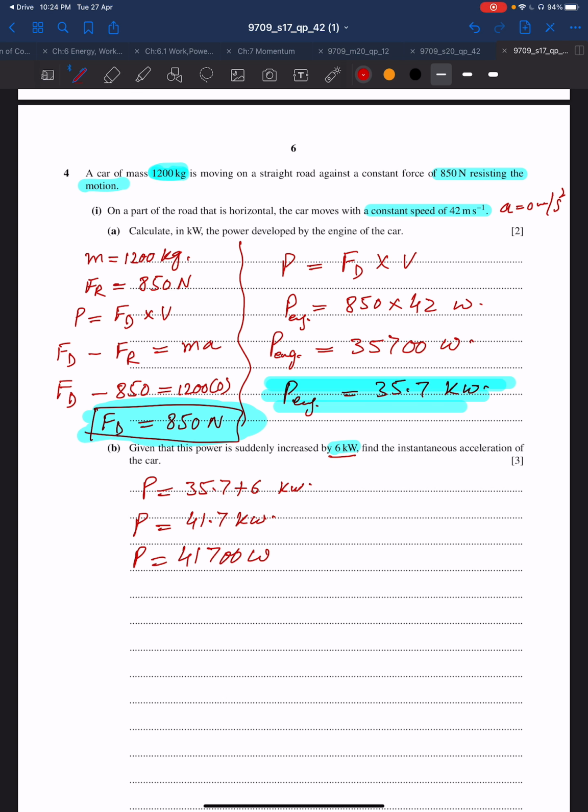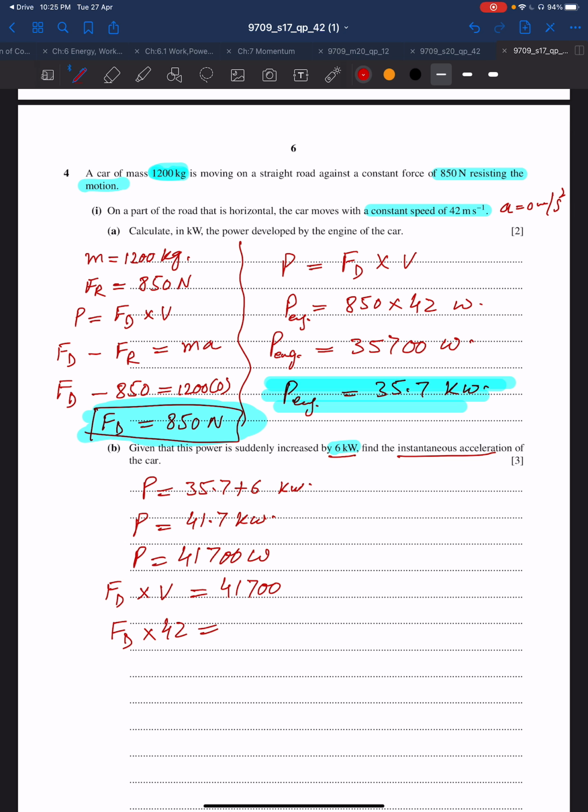This power is equal to 41,700 watts. Okay, you know that power is driving force into velocity is equal to 41,700, as velocity is not changed. So at the instant when this is increased, the initial velocity will be 42, and after that it will start increasing.